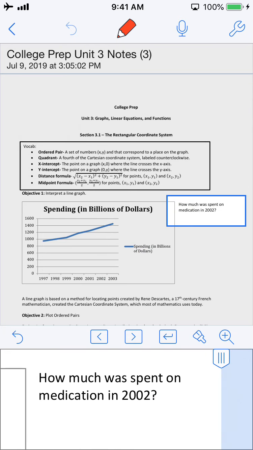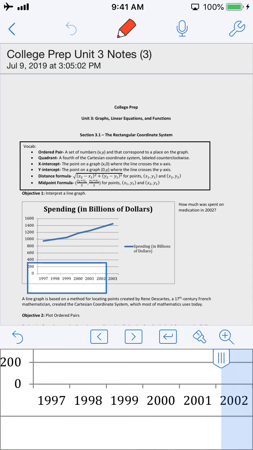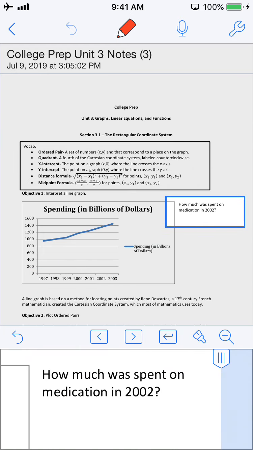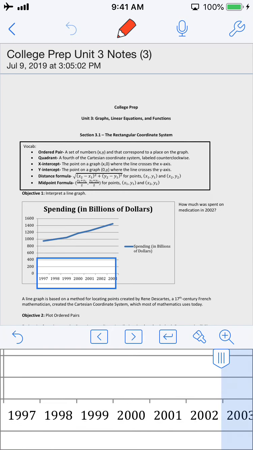Over here we have the question, how much was spent on medication in 2002? So it looks like this is the spending graph for medication from the years 1997 to 2003. In order to answer this question, we're going to have to read this graph. Something that always happens with PDFs, I don't know why, but these always get shifted.